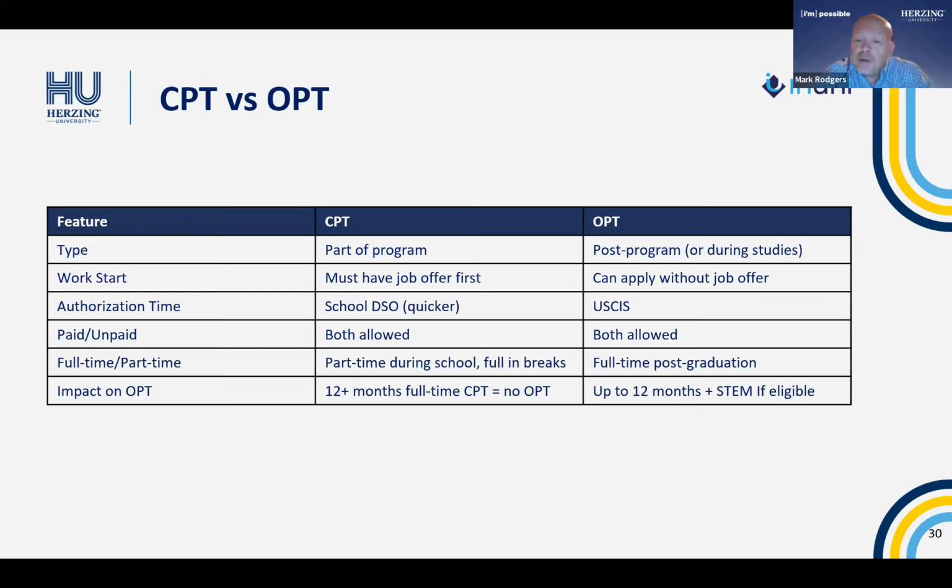As far as OPT goes, you can apply for OPT without a job offer. Authorization for CPT is done by your DSO at your university, so it is quicker, whereas OPT is approved by the USCIS. Both experiences can be paid or unpaid, depending on the experience.